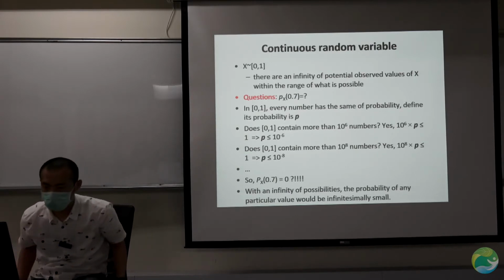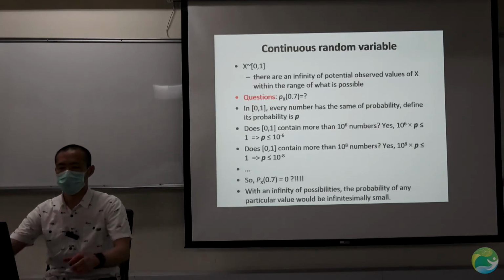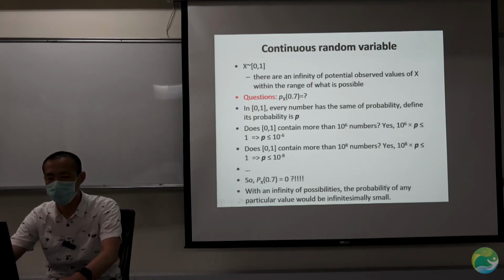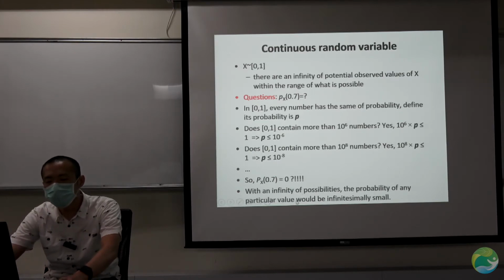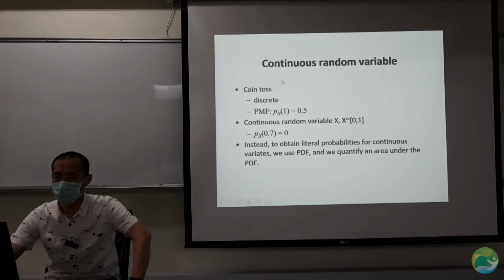But right now, you tell me that in the continuous variable, when the outcome is equal to a particular value, the probability is infinitely small. So I'm going to talk about this in detail, okay? Continuous random variable.